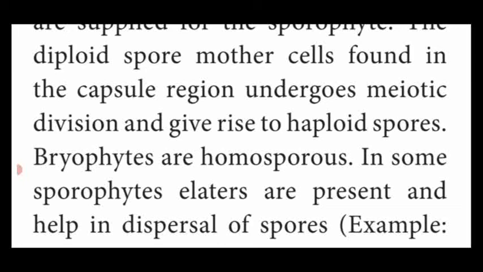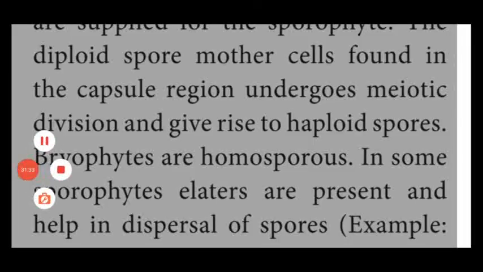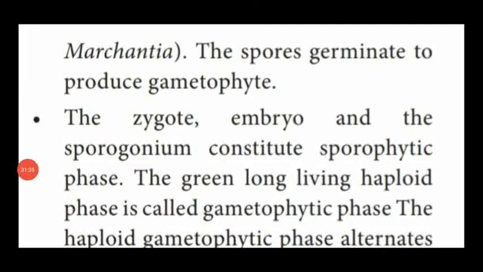In some of the sporophytes of bryophytes, elaters are present. Elaters are slender, hair-like outgrowth structures present in the sporophyte, which are responsible for dispersal of spores. Example, Marchantia. So the Marchantia sporophytic region produces the elaters.